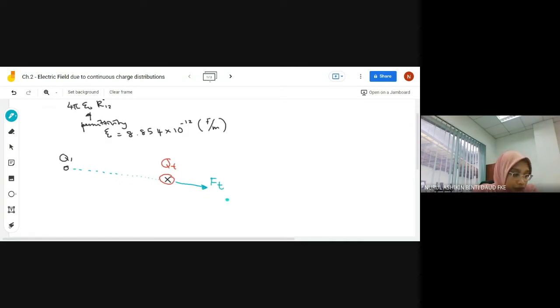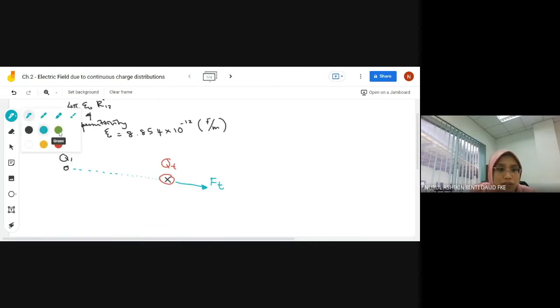This force exerted on Qt is due to Q1. This force can't exist if there is no Q1, so Qt will not experience any force if there is no Q1. So there must be something that Q1 does in order to generate force at Qt.